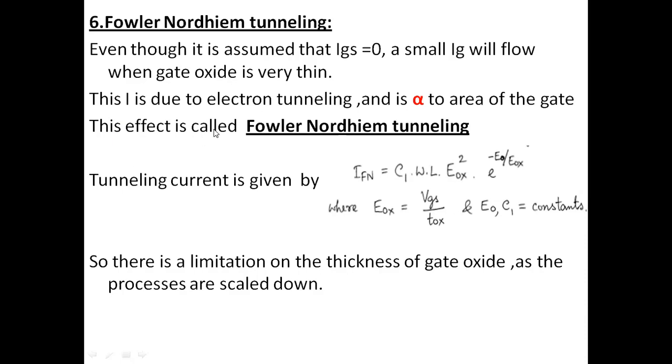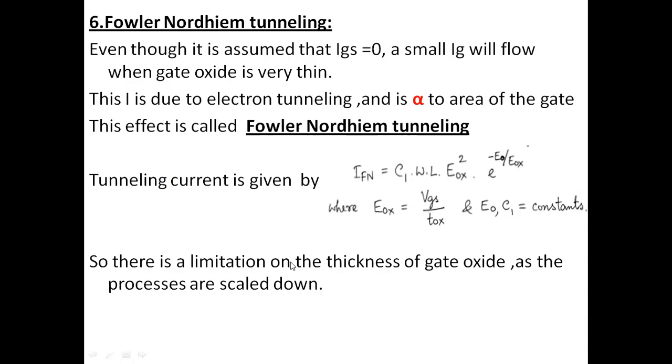This effect we call Fowler-Nordheim tunneling, and we have an expression for it as well, where the Fowler-Nordheim current IFN is given by C1 W into L Eox squared into e raised to minus E naught by Eox, where Eox is given by VGS by Tox, and E naught and C1 are constants.